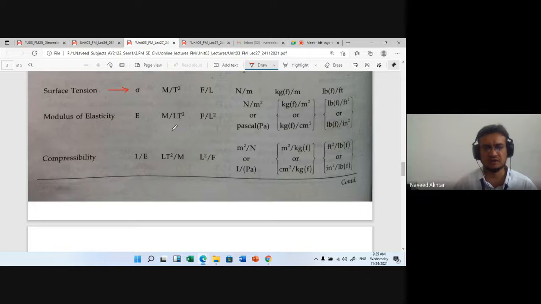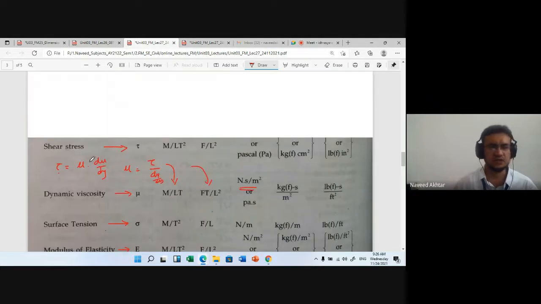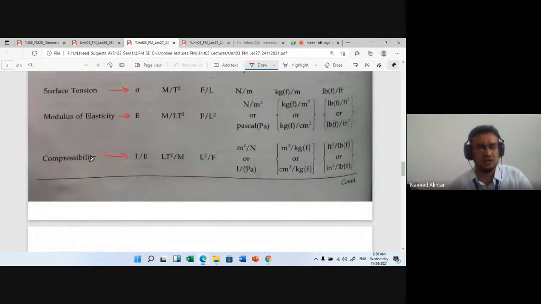Similarly, modulus of elasticity E, and compressibility is 1 upon modulus of elasticity. So this is also Newton per meter square, Pascal, and compressibility is meter square per Newton, that is the inverse of modulus of elasticity.